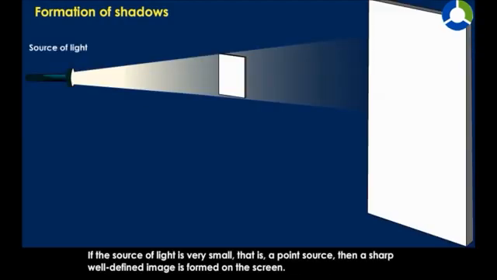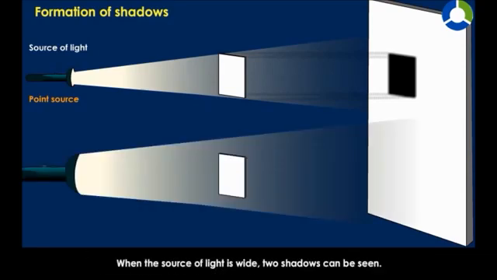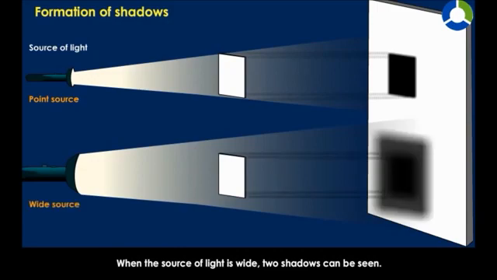If the source of light is very small, that is, a point source, then a sharp, well-defined image is formed on the screen. When the source of light is wide, two shadows can be seen.